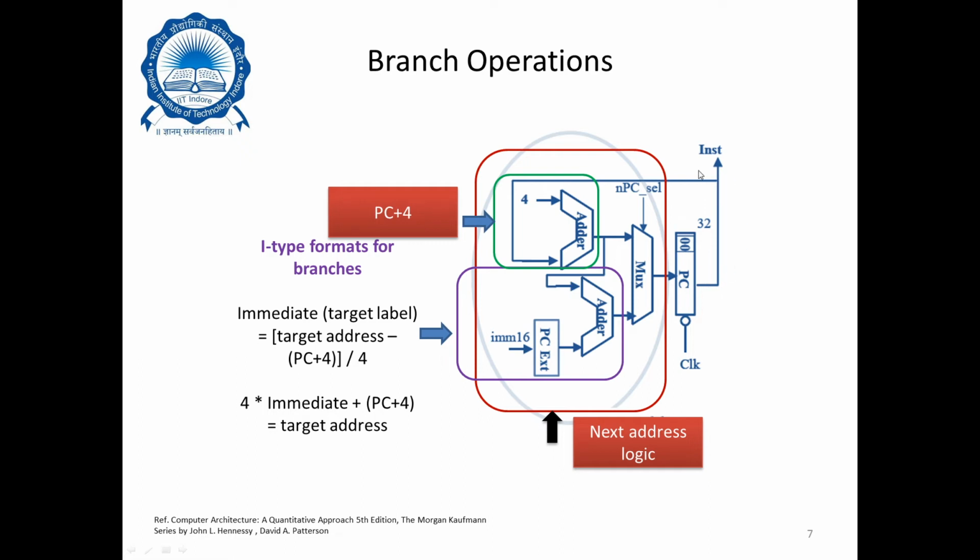So that is again sent back here, and if that is used as an address, then from there we will feed it directly into the instruction memory from where the instructions will be fetched, right? So by looking at this diagram, you can clearly make out that we have two different adders. We have a MUX, we have a sign extender unit, and we have a PC, and the output of the PC goes into the instruction memory from where the instruction will be fetched, right? So this is pretty much clear.